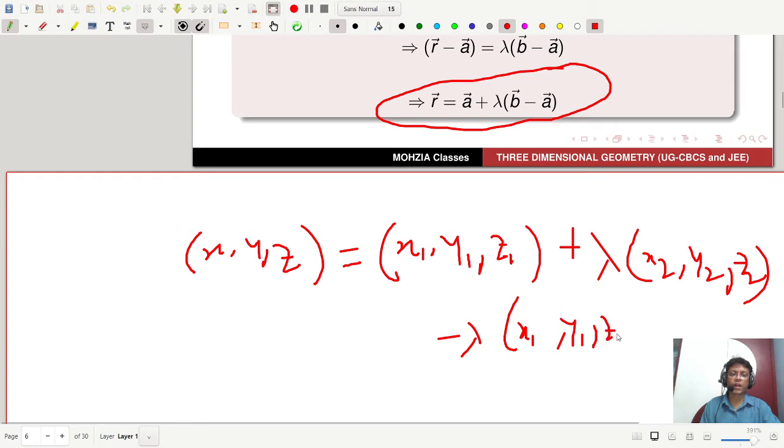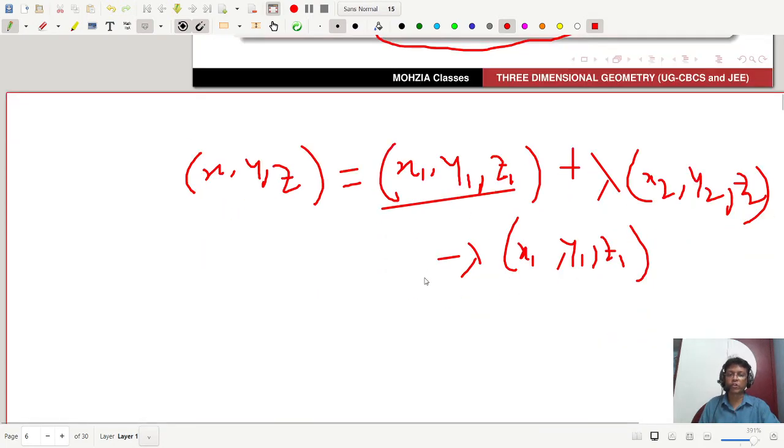So in this way you can put it into the ratio. If you calculate this, take x1, y1, z1 common as 1 minus lambda, so you can write it into the symmetric form. You just have to replace and get the form, because it is the ratio.